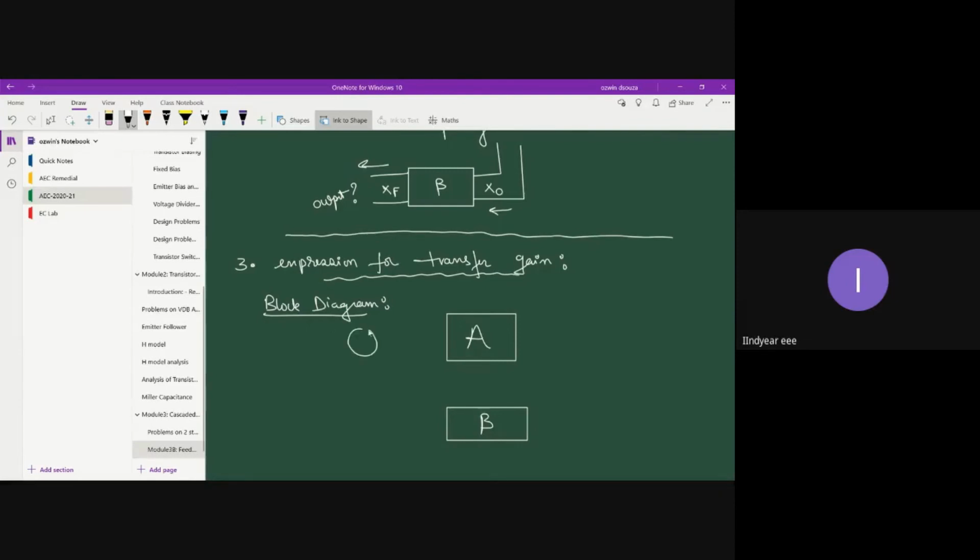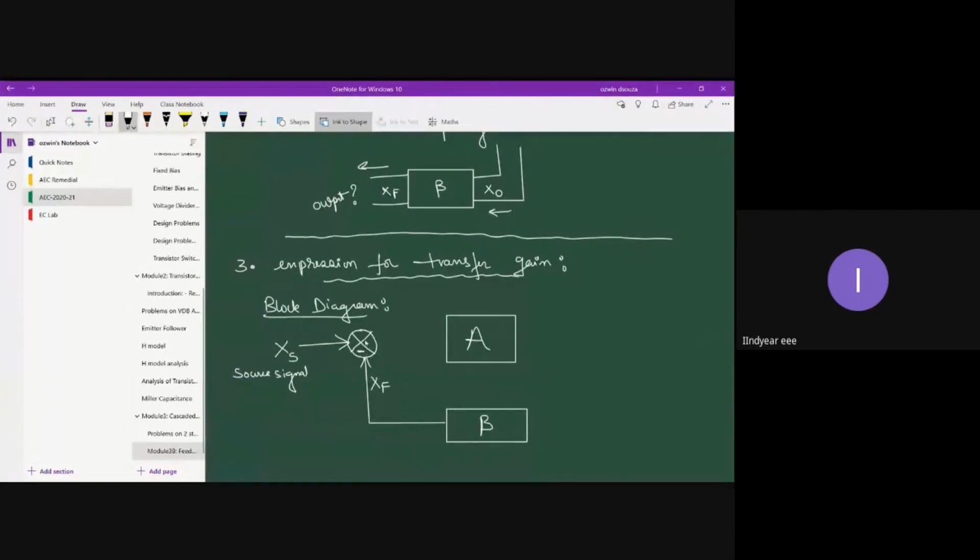And let us also construct a comparator here. This comparator gets an input XS, which is called the source signal, and it is connected with the feedback signal coming from the feedback network. So this is your feedback signal XF. Let us consider a negative feedback topology, meaning this arrow is connected to the negative part of the mixer, and this is the positive part of the mixer.